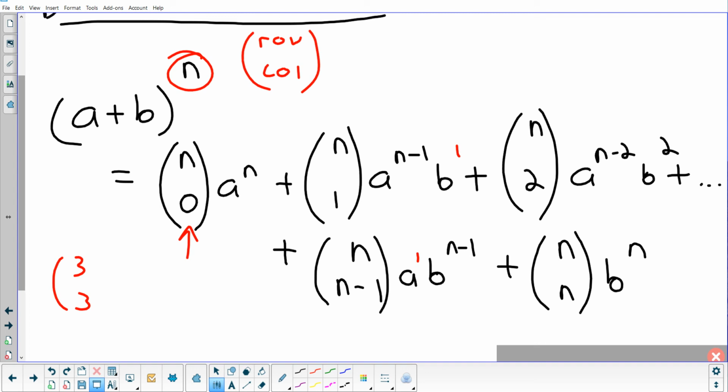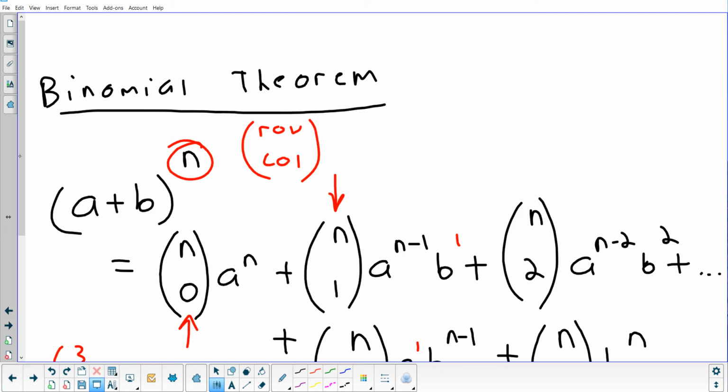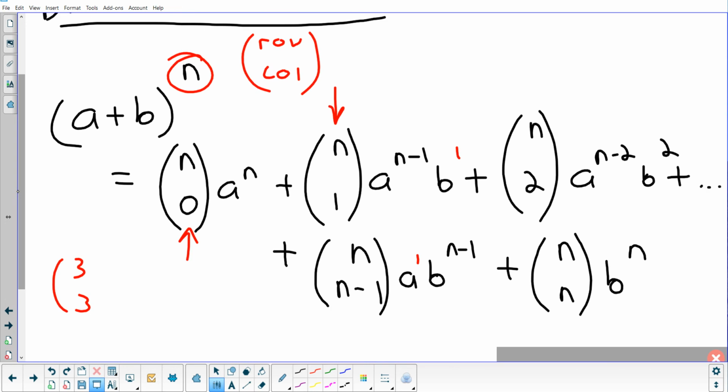I'm just trying to show you that these numbers in front now are not going to be calculated with Pascal's triangle. We can calculate them with that formula. Right, so what I want to do is just practice calculating a couple binomial coefficients, and then you'll see what we do from there.